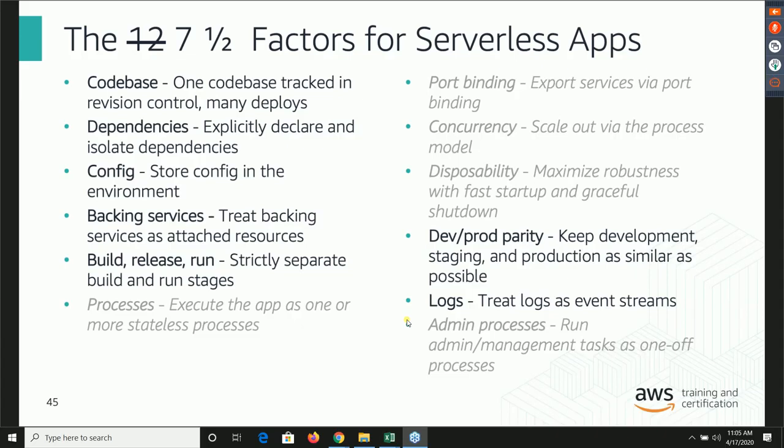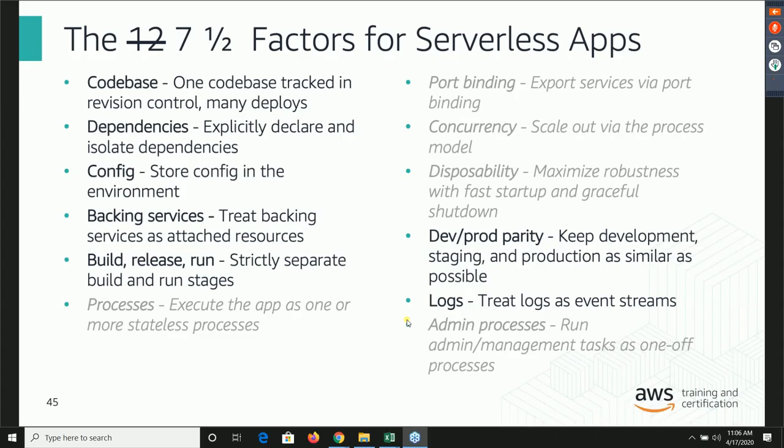So, coming to config, again, since Lambda functions are stateless and event-driven, you're not supposed to store any local information there. So Lambda does support environment variables that you can use to have the Lambda function behave differently depending on the environment.